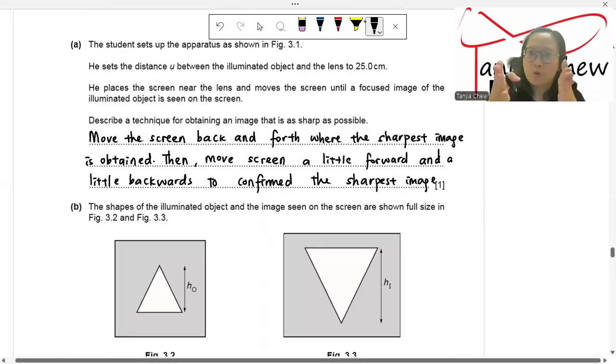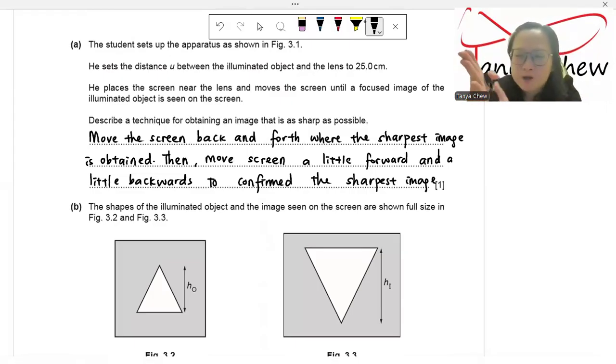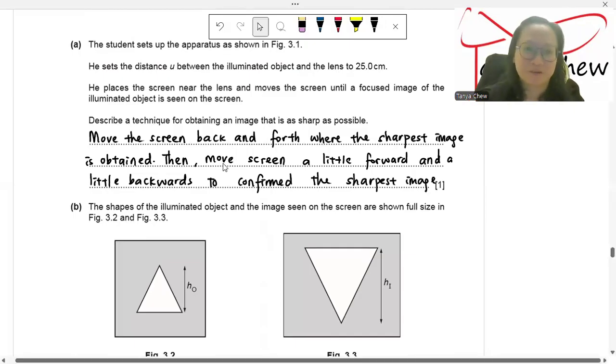When you have already determined it, you try your best to move just a little bit forward. Oh, blur. Just move a little bit backward. Oh, blur. Oh, so that's the sharpest image. That is how you confirm that's the sharpest image.